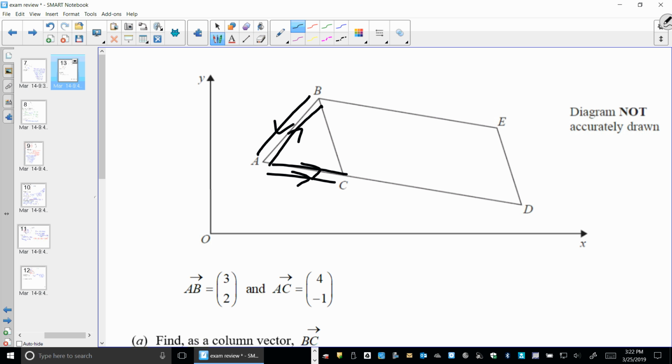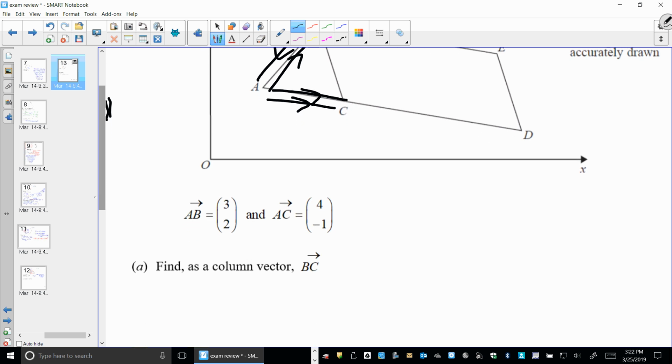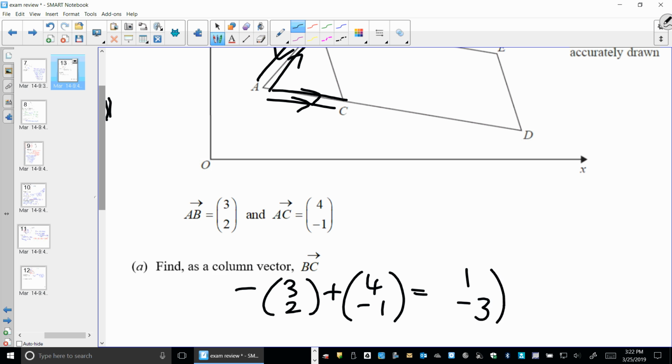So I'm going to do minus AB plus AC. So I've got minus 3, 2 plus 4, negative 1. Negative 3 plus 4 is 1, and negative 2 plus negative 1 is negative 3. So that's that column vector.